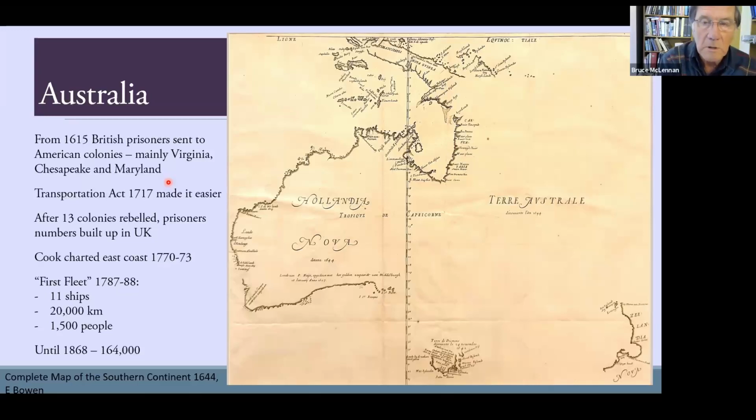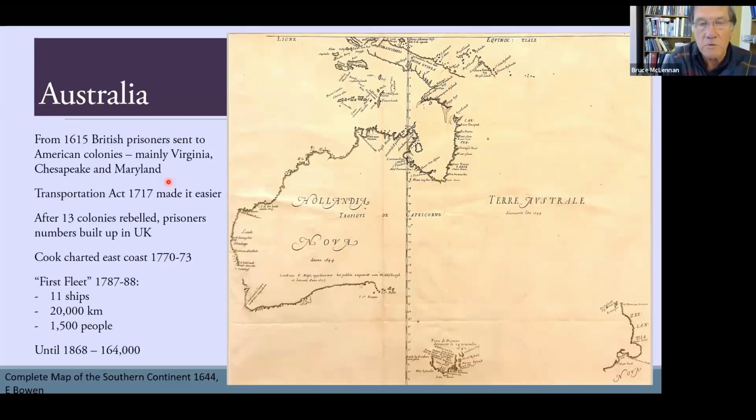But quite large numbers were sent to the Chesapeake cotton and tobacco growing areas over many years. Often they weren't dragged around in chain gangs. They were more like domestic servants and people like that, who it was thought better not to keep on in Britain. But they were there for a period, like a felon would be.